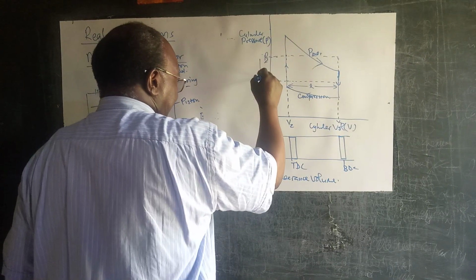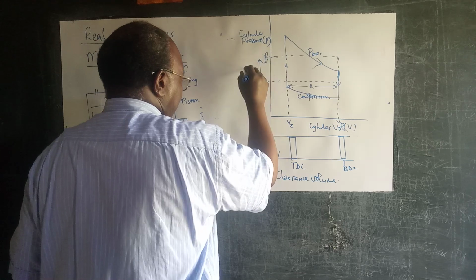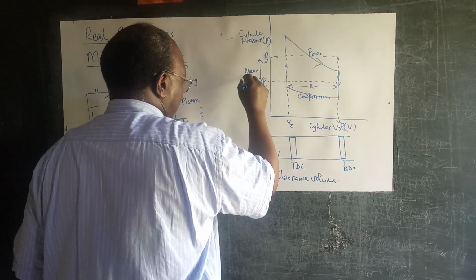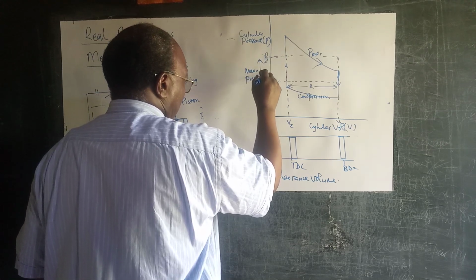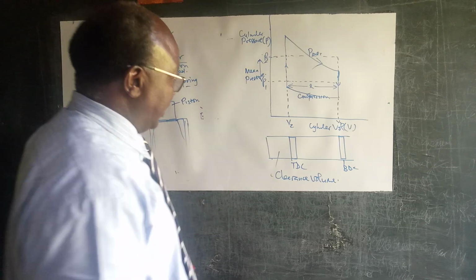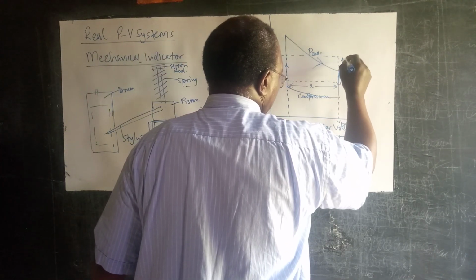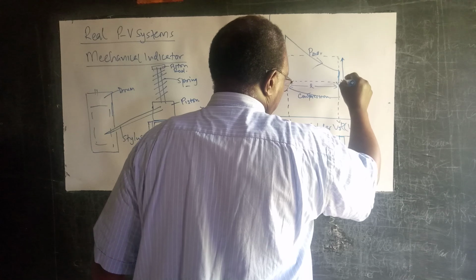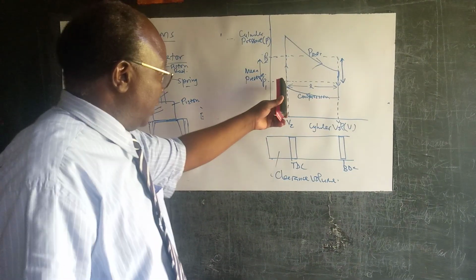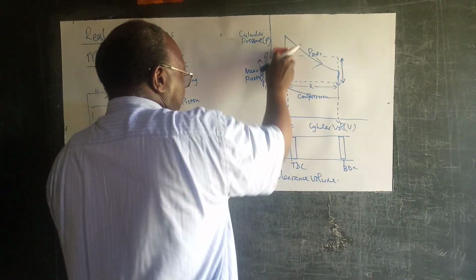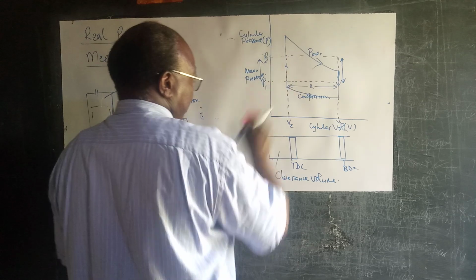So this represents the mean pressure, and that mean pressure simply corresponds to the height of this particular rectangle.